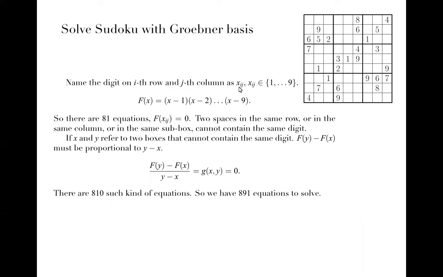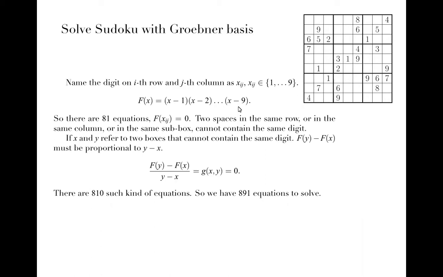For each x_ij, that's the coordinate x at (i, j), of course x_ij should satisfy f(x_ij) = 0, because x could be either 1 or 2 up to 9, just 9 different choices.